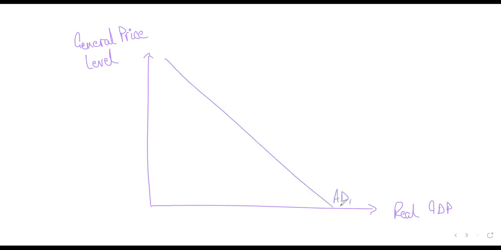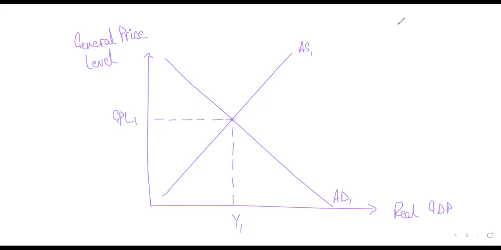And upward sloping is your aggregate supply like this, right? And where the two intersect, that is your macroeconomic equilibrium, right? So you have GPL and then you have real GDP. Okay.